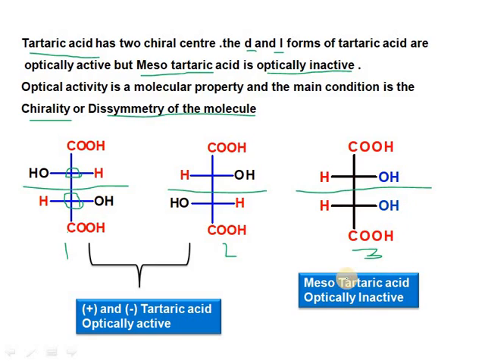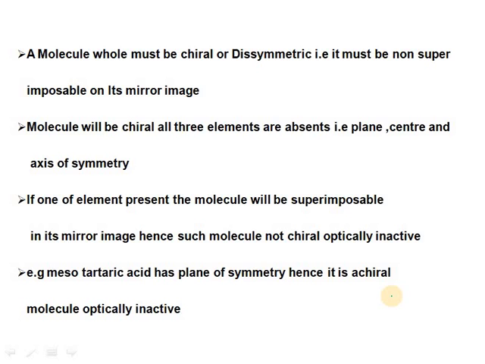Therefore meso tartaric acid is optically inactive. Hence those molecules which are chiral or dissymmetric must be non-superimposable on their mirror image. The molecules will be chiral.